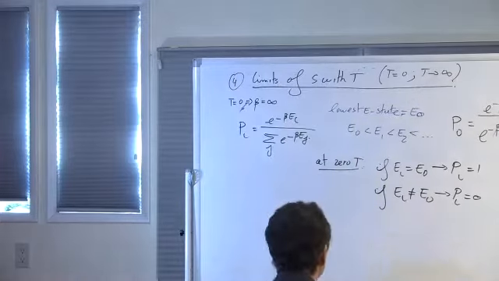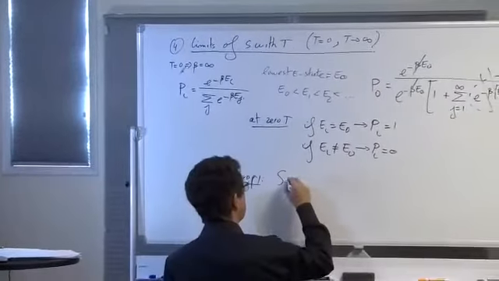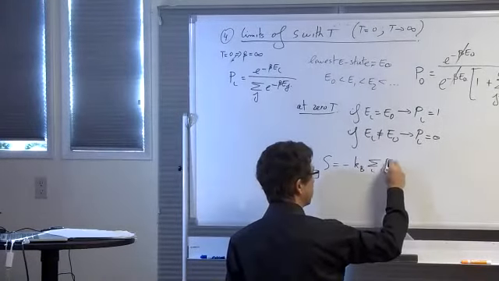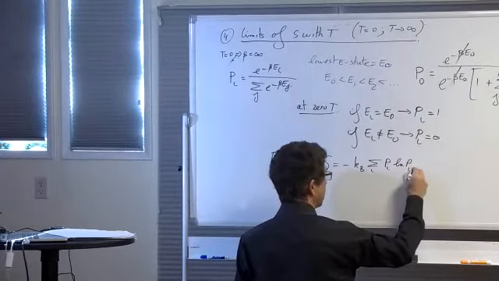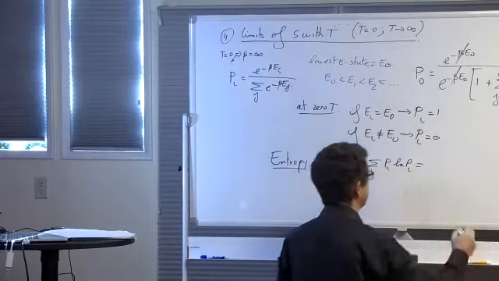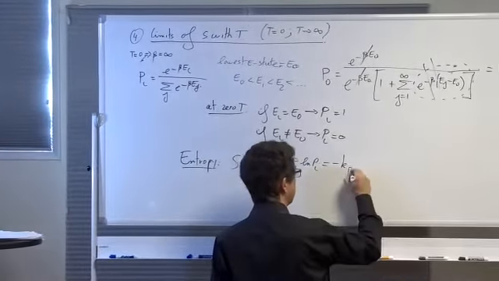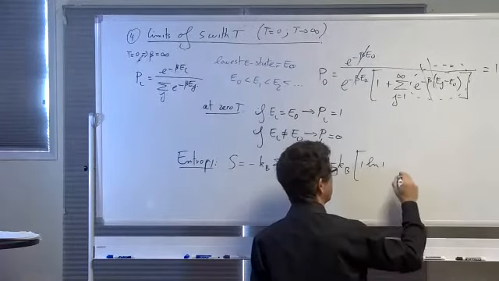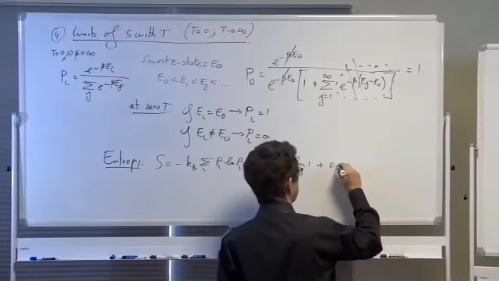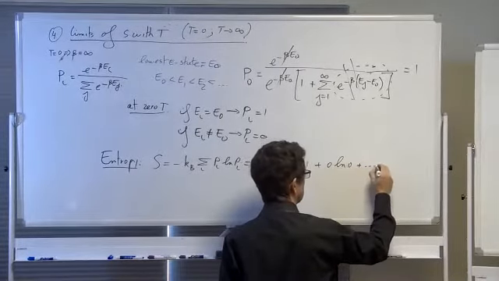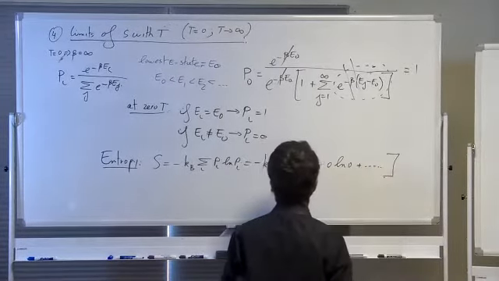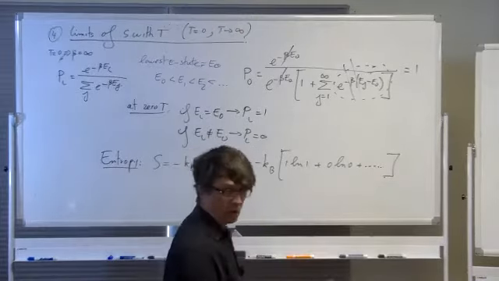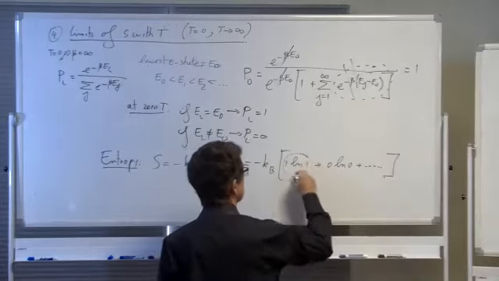Well, let's write the Gibbs formula, right? The entropy is minus Kb sum over i of Pi log Pi, which if I write it out explicitly, first I'll write the ground state, right? So that's 1 log 1, and then you have plus a bunch of 0 log 0s, right? So 1 log 1, that's equal to 0.